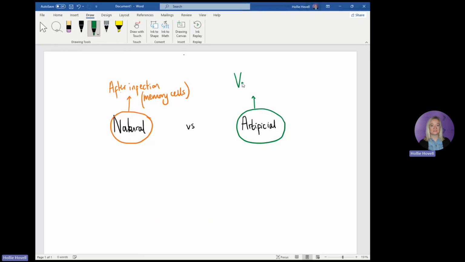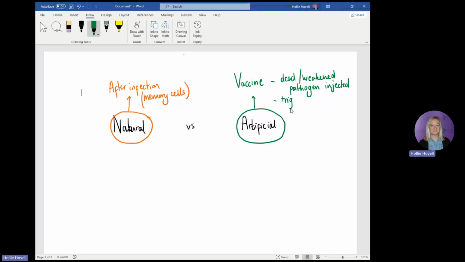So this would be when you get a vaccine. So the first time your body is exposed to that pathogen with those antigens on its surface, it wasn't a natural infection, it was a vaccine. So when you have a vaccine, a dead or a weakened version of the pathogen is injected into you, and then your body goes through that same immune response.